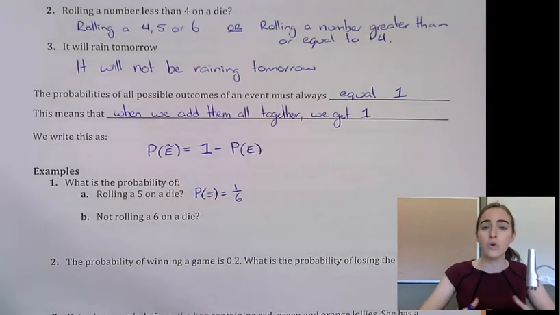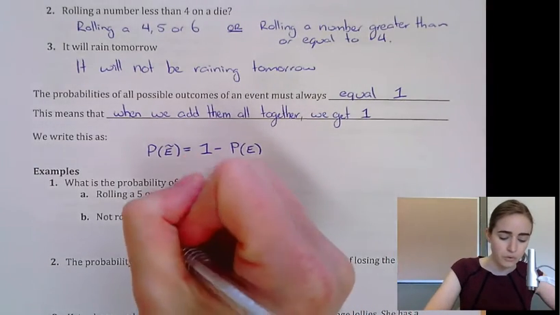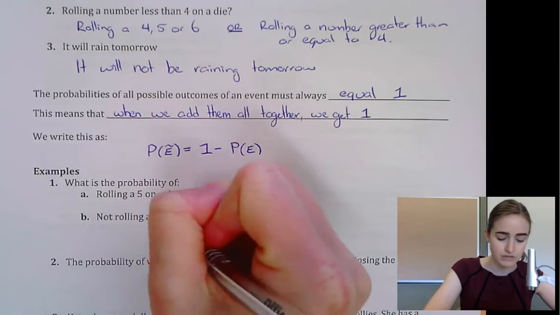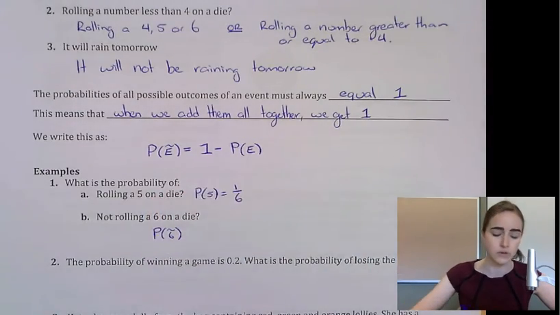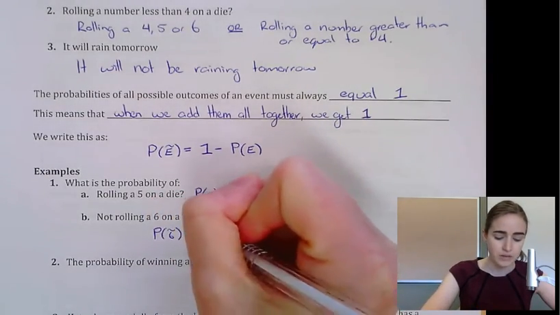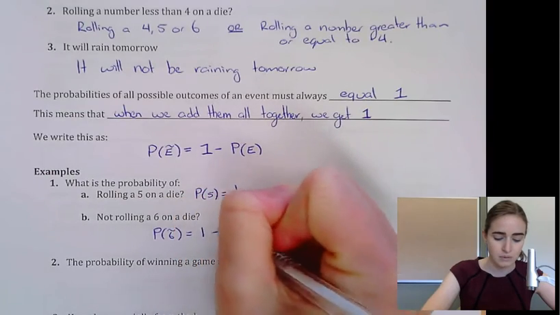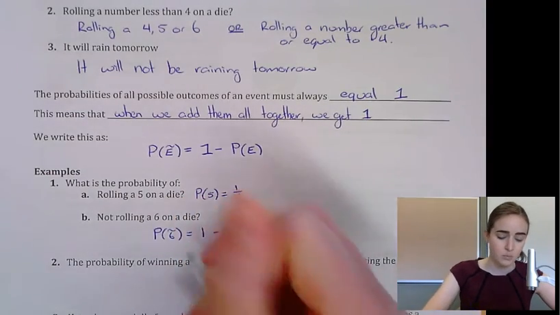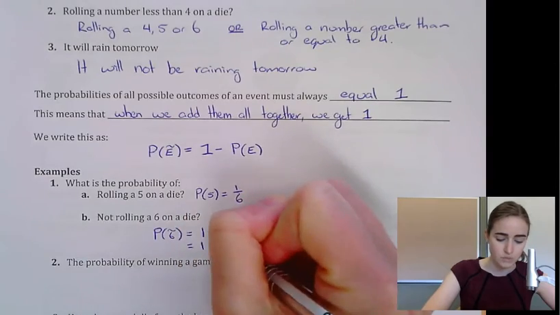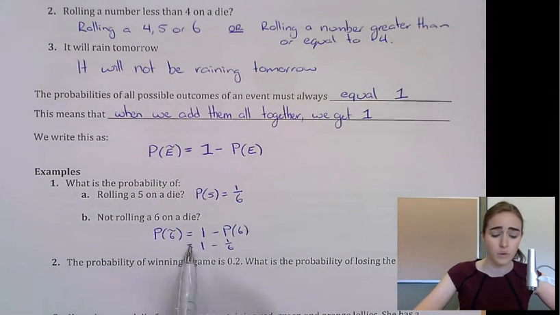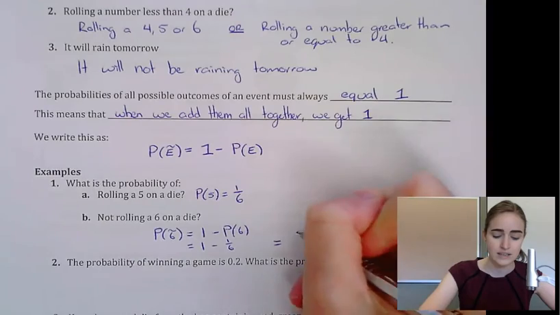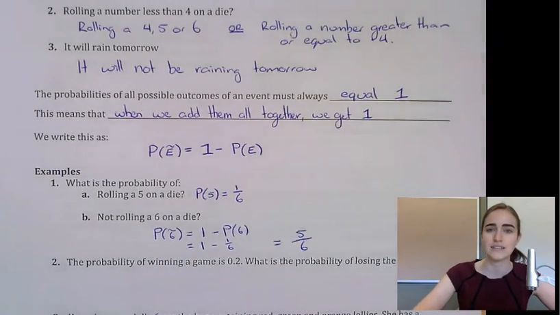So we could look at all the other options, or the way we could write it is the probability of not rolling a 6, so the 6 with a little squiggle above it, is going to be equal to 1 minus the probability of rolling a 6, which we know is 1/6. And 1 minus 1/6 is 5 over 6.